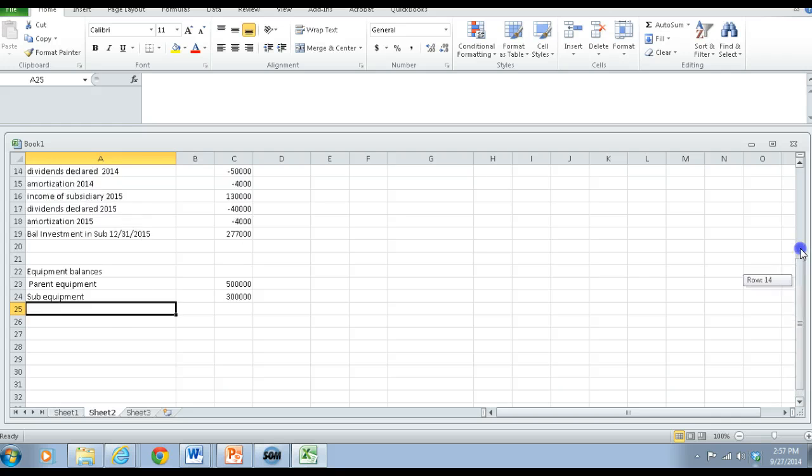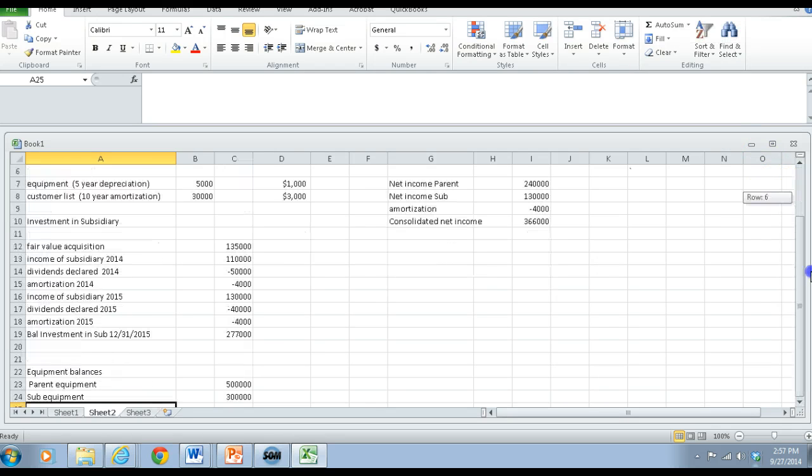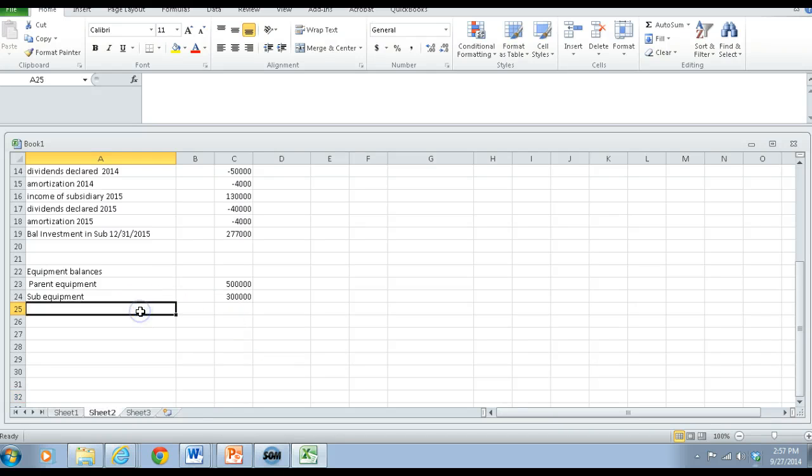But we remember when we acquired it, we had an additional $5,000 that was the fair value of their equipment over their book value. We'll need to add $5,000 there for the allocation of the equipment fair value.